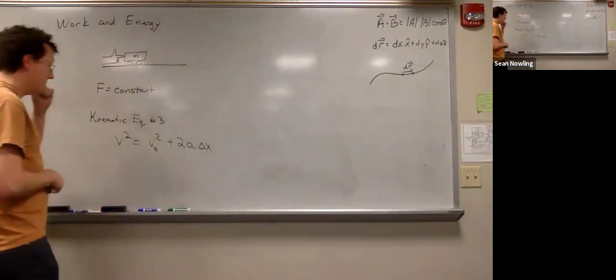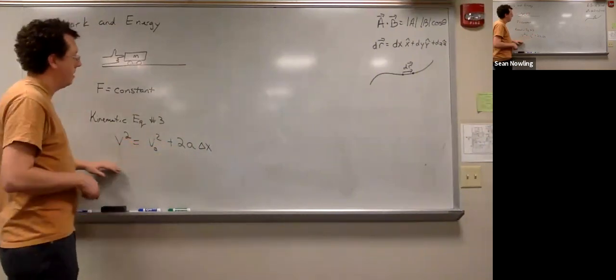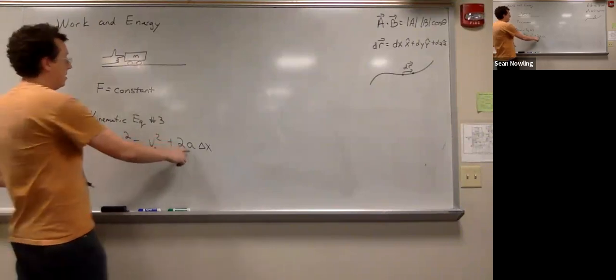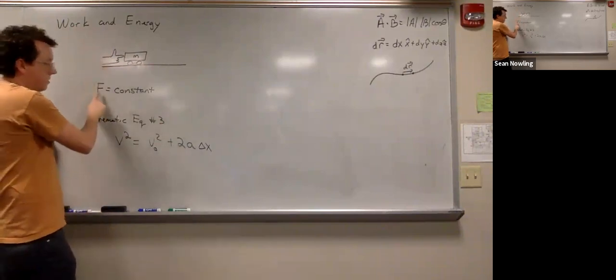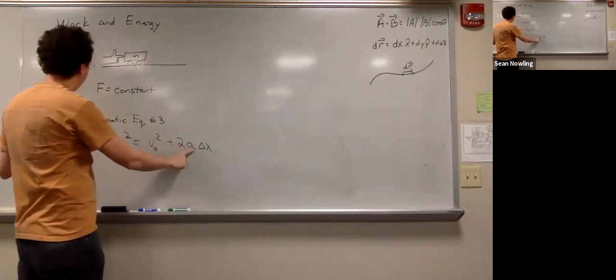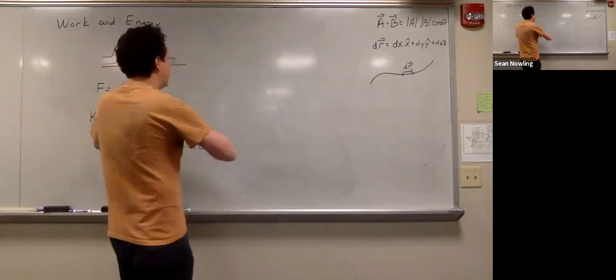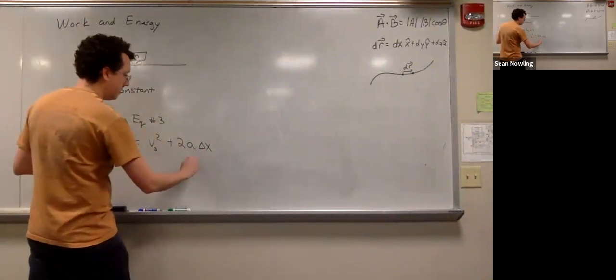All right, so here's the thing. I have this equation, and let's rewrite this using force, because I want to think about interactions as being related to forces. Then let's shuffle things around. The acceleration equals the force divided by mass.